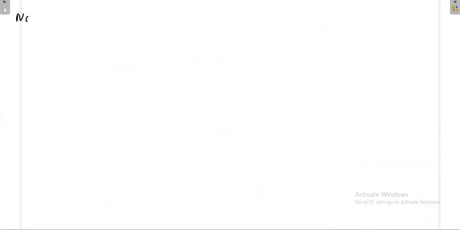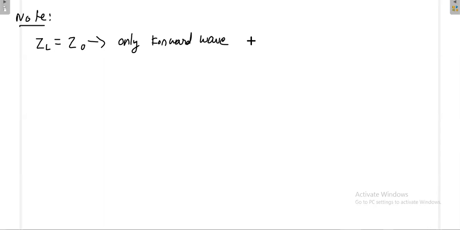Take note. What we are concluding is that when ZL is equal to Z0, only the forward wave is present. What is the meaning of that?